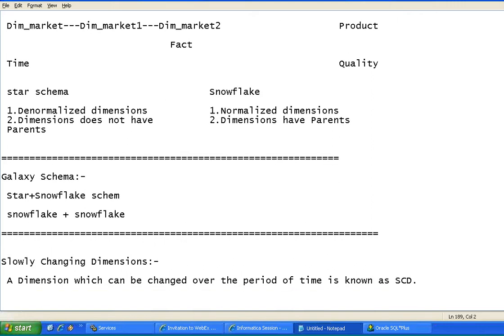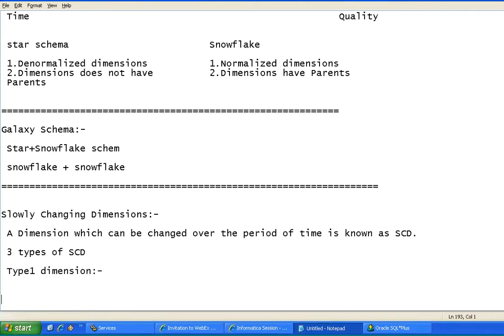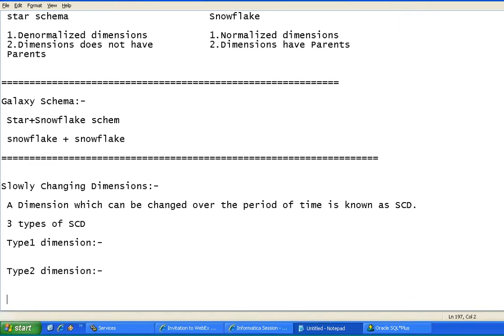Okay. Let me tell you what the slowly changing dimensions are. There are three types of slowly changing dimensions, which we call SCDs. They are type 1 dimension, type 2 dimension, and type 3 dimension.